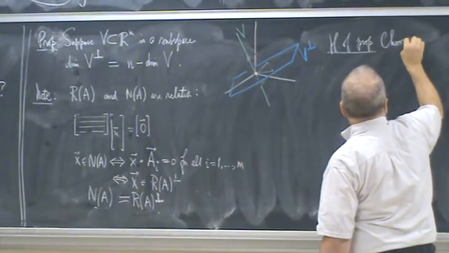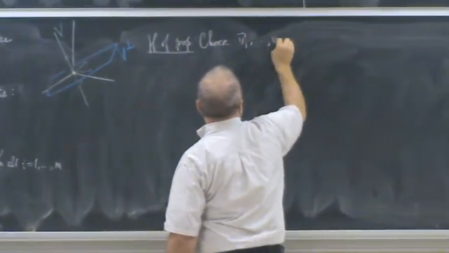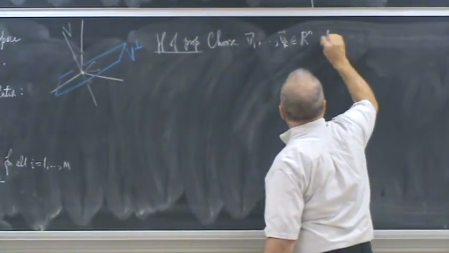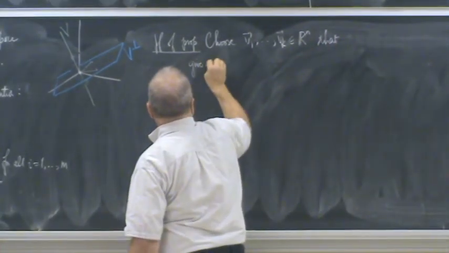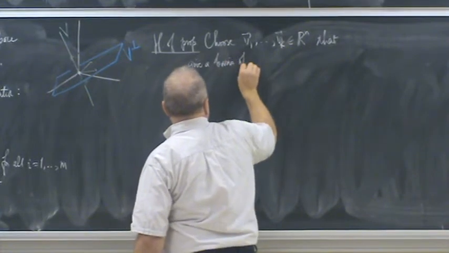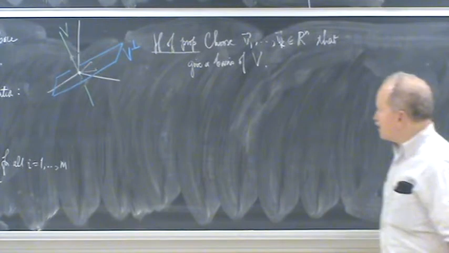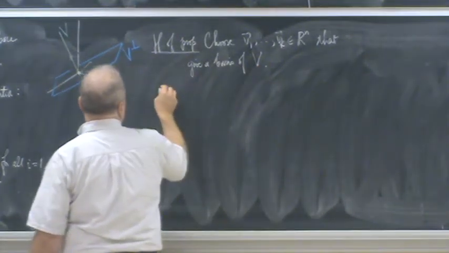choose vectors v1 to vk that give a basis of your subspace. Nick says make them the rows.